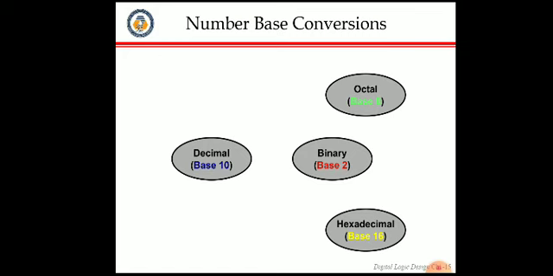And the next we have studied hexadecimal number system. Its base is 16. And we have studied binary number system. Its radix is 2. The binary number system plays an important role in digital systems and computer systems.